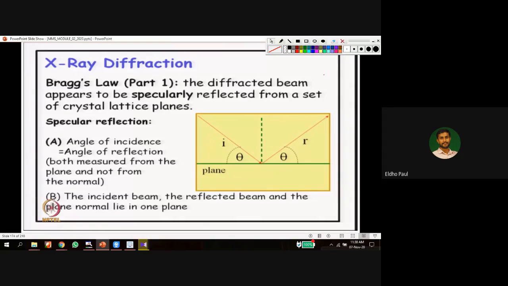And what is the reason for this specularly reflected beam? The angle of incidence and angle of reflection are the same. Both are the same. So the incident beam and reflected beam are normal, and of course both are in the same plane also. Both are in this plane of the sheet, plane of the screen.